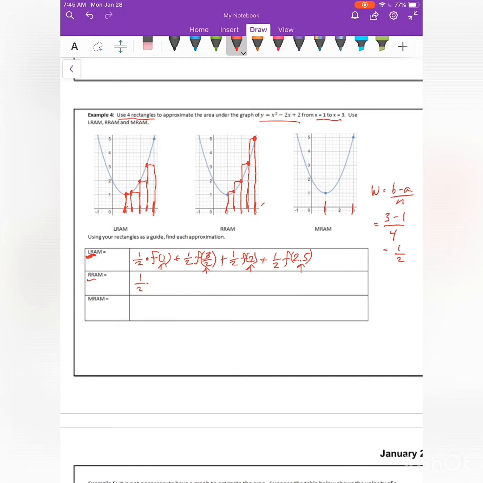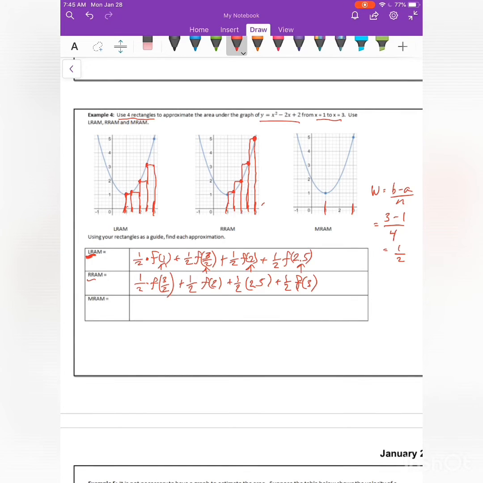So when I do the first rectangle, it's a half times wherever the dot is. Well, the point on the curve is at 1.5, so it's f of 3/2. And as we predicted, we have left off 1, the left endpoint. Second rectangle is a half times f of 2, plus a third one, half of 2.5, and then a half times f of 3.